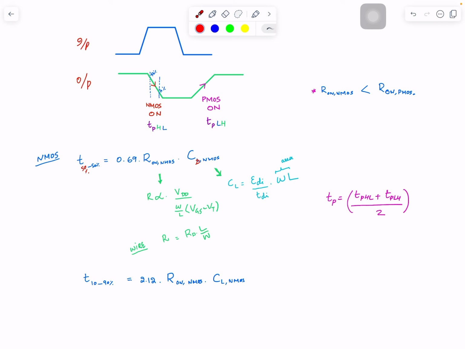Here it will be the same thing, 10% to 90%. So from 10 to 90 here, and from 90 to 10 there. These are called transition times, or slews, not skews, slews. This terminology is used in STA and physical design. Slew is the same as transition time.